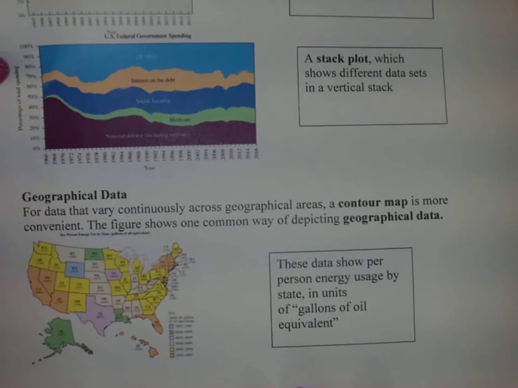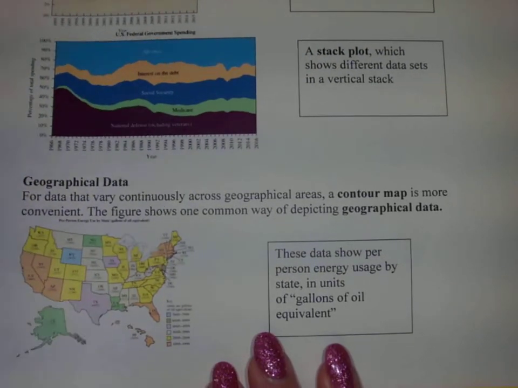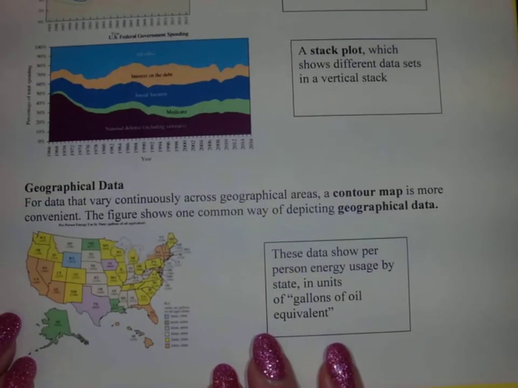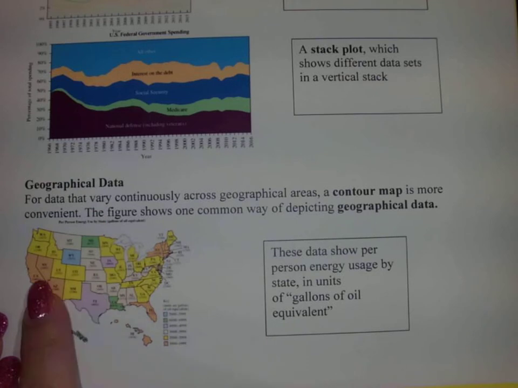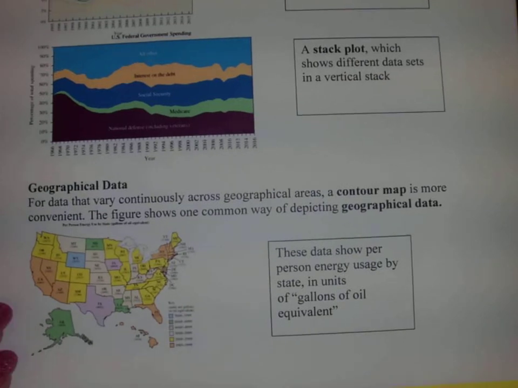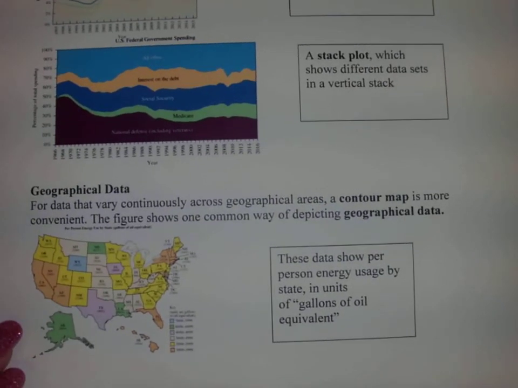And then we've got geographical data. This is data that can vary continuously across geographical areas. You might see it as a contour map, which is more convenient. This figure shows one common way of depicting geographical data. So this one actually shows per person the energy usage by the state in units of gallons of oil equivalent.